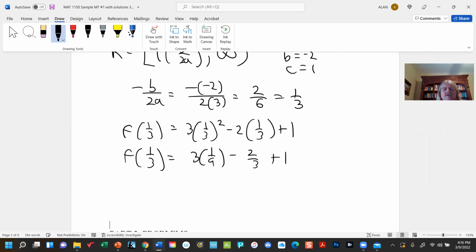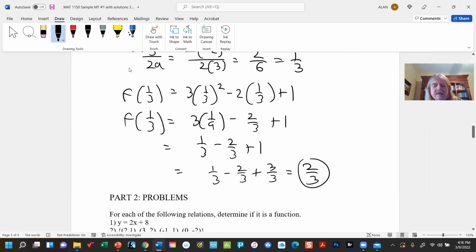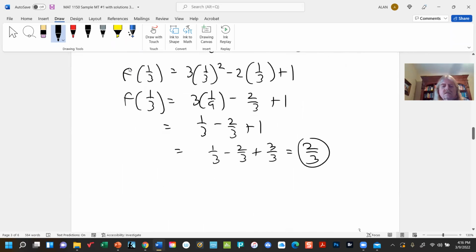All right, so this time it looks like we'll have thirds. Two-thirds. Okay, so that tells me that the range is very simply, including 2/3, up to infinity.